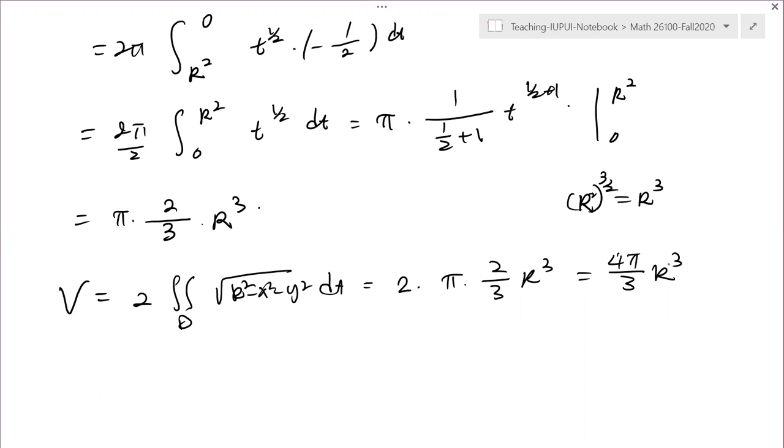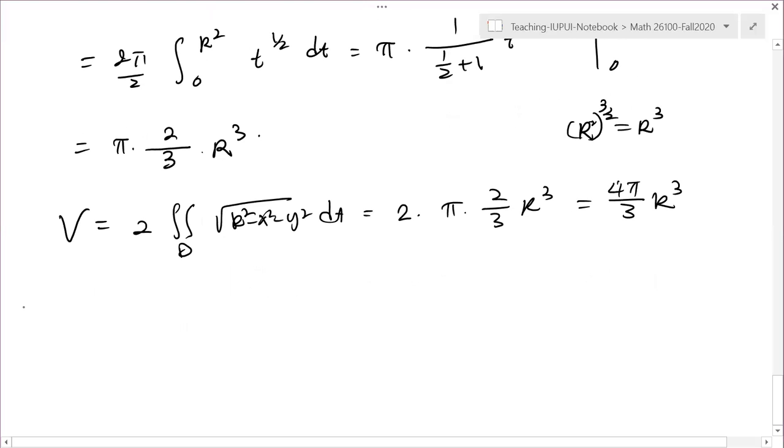All right, let's take a look at another example from the book, problem number 8. This is the double integral of 2x minus y dA.